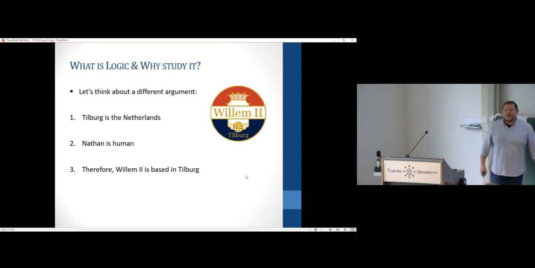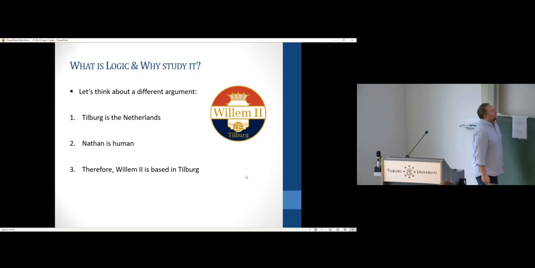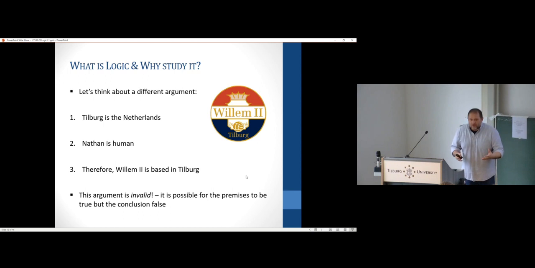Or maybe early in their history, they move, and Breda has 2 teams. That would have been interesting. So we can see lots and lots of cases where 1 and 2 are true and 3 fails. There are possible situations. Note, again, it doesn't matter that 1, 2, and 3 are in fact true. What matters is that it's possible for us to make 1 and 2 true and 3 false.